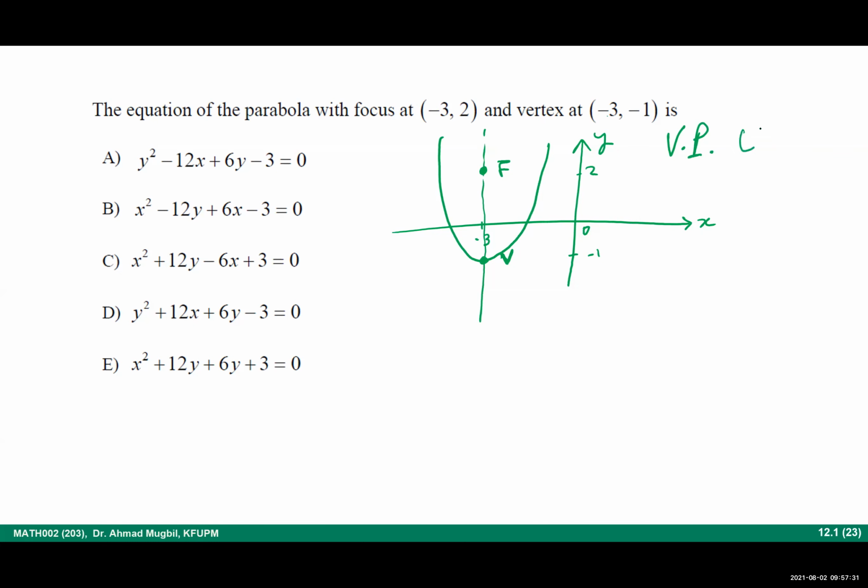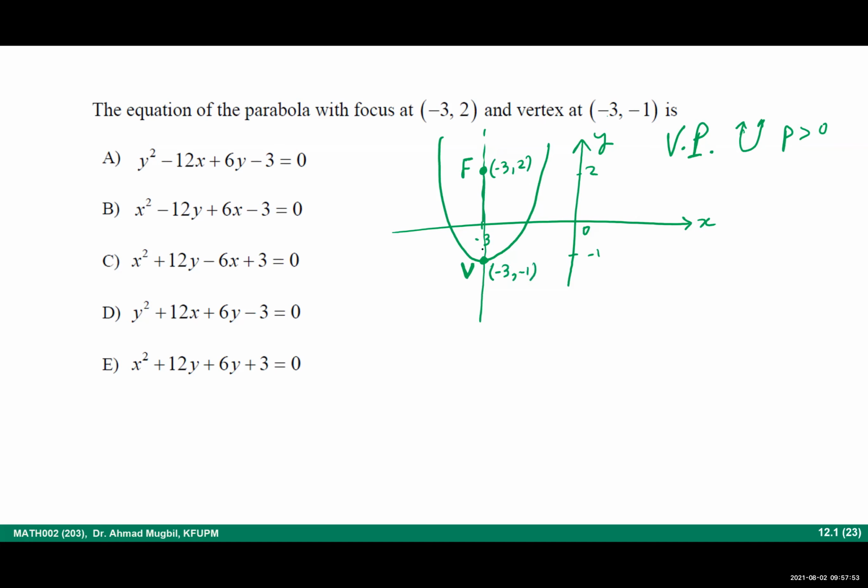Does it open up or down? It opens up, and p is positive because it opens up. Now this point F is -3 and 2. And this point here, which is the vertex, is -3 and -1.